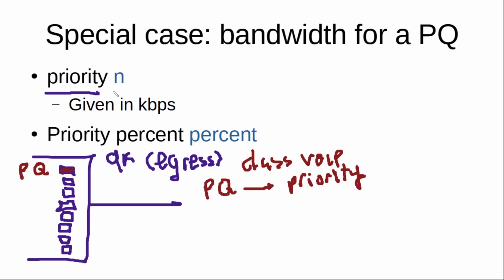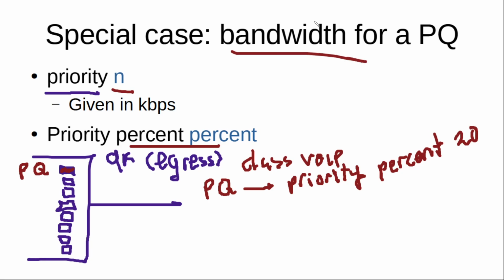And if we use a number, an absolute value or a percentage, we are going to allocate bandwidth for this class. So notice that we are not using the command bandwidth for the priority queue. We are using the same command that specifies this class as having a priority queue in order to also establish the bandwidth that we are going to allocate to this class.